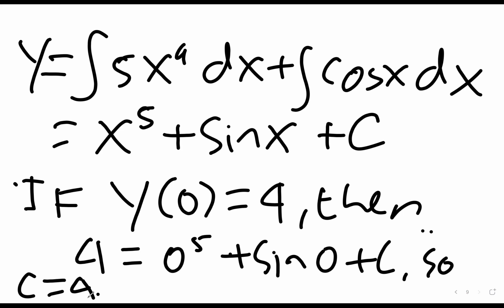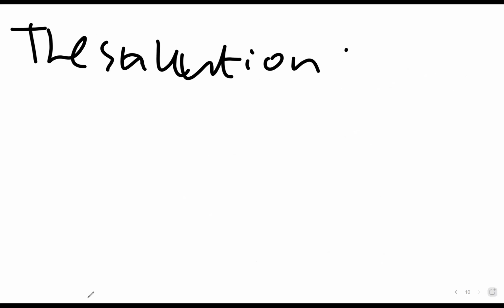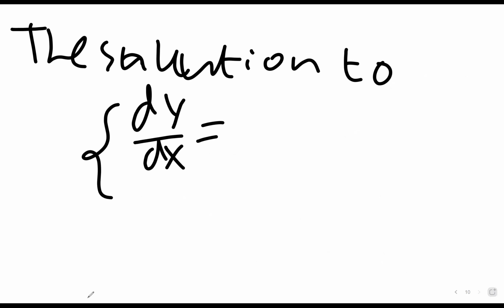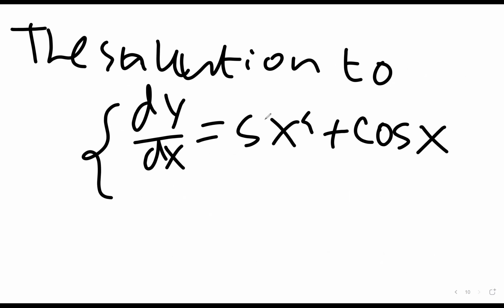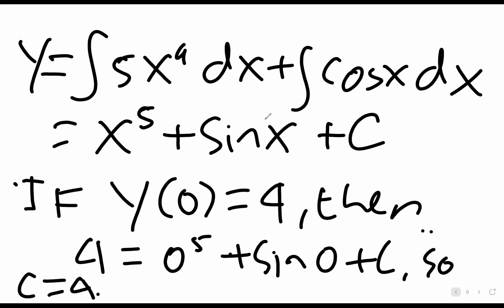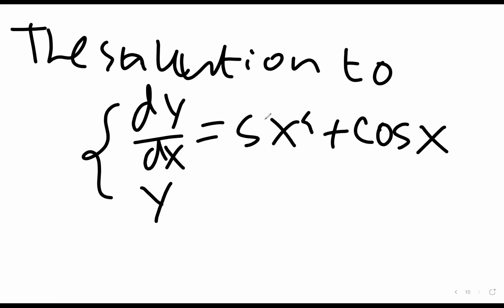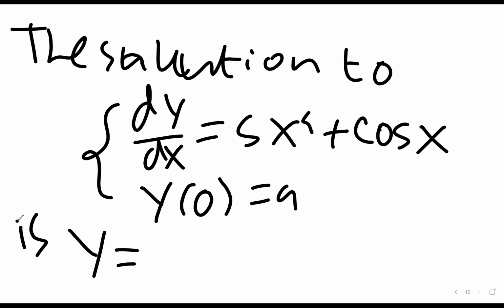Therefore, the solution to the equation dy/dx equals 5x to the power of 4 plus cosine x with the condition y(0) equals to 4 is y equals to x to the power of 5 plus sine x plus the constant c equals to 4, plus 4.